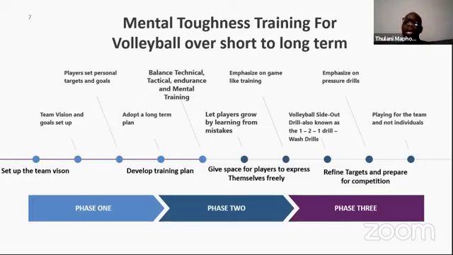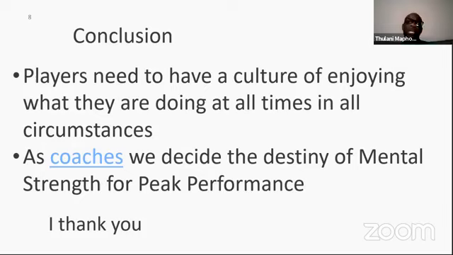Then it makes us get additional points all the time when we are on side out, and we clear off on side out and get additional points all the time when we are receiving. And then the emphasis on pressure drills is very critical, as well as playing for the team and not for individuals.